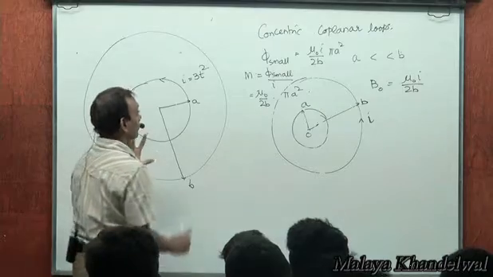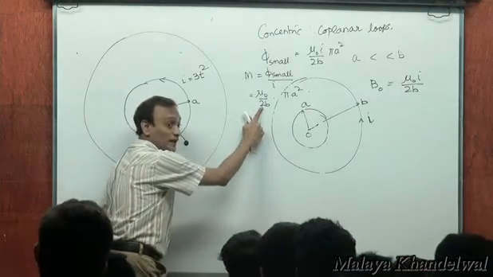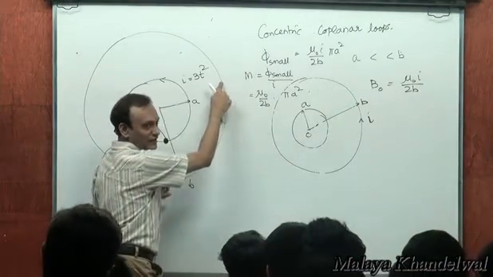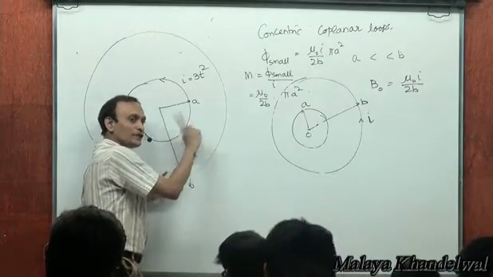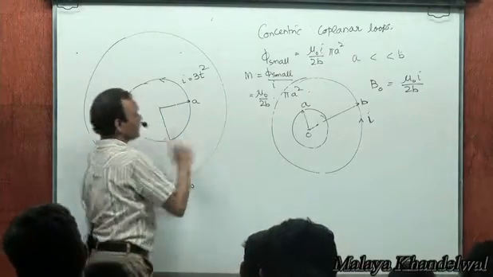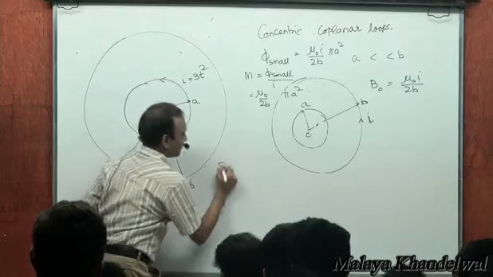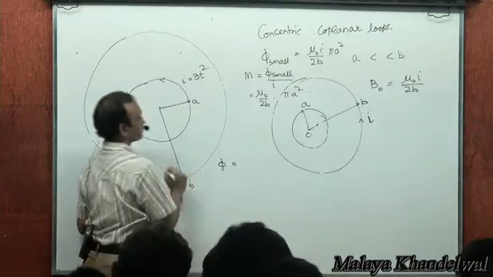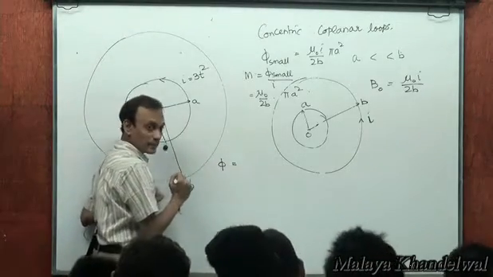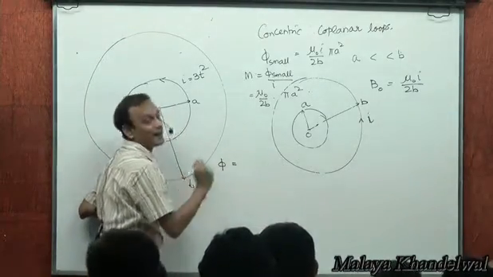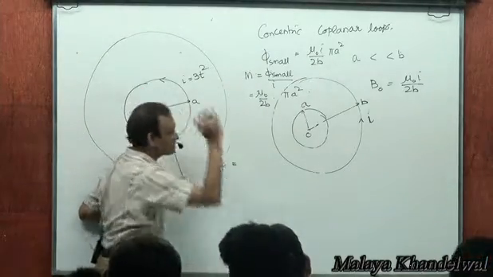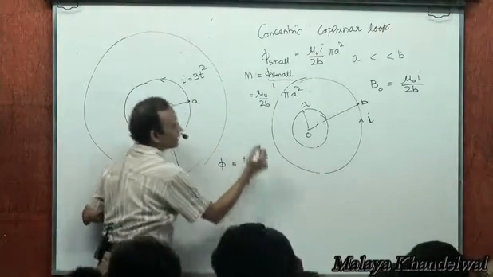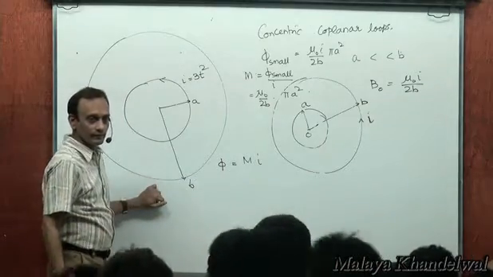Now, I have calculated M by reversing roles, by driving a current through this and calculating the flux through this. But the same M could be used for the reciprocal situation, right? So then the flux through the bigger one would be what? M I, the mutual inductance calculated howsoever, M into I. Right?